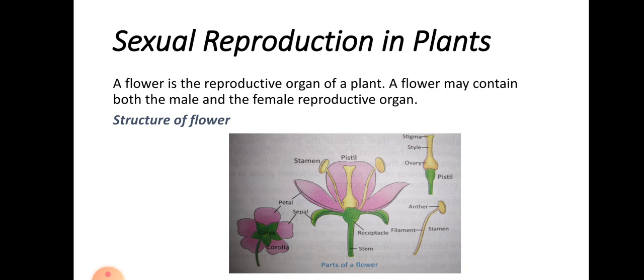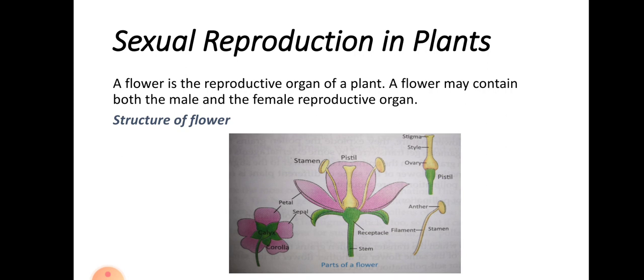A flower may contain both the male and the female reproductive organ. So let us understand the structure of a flower before getting to the actual process of reproduction.